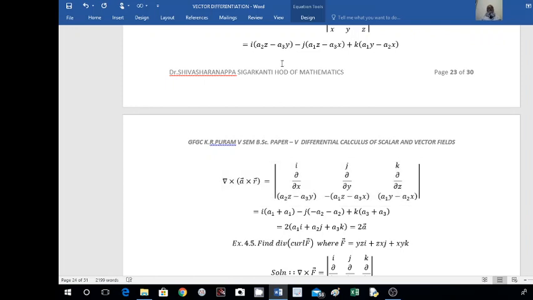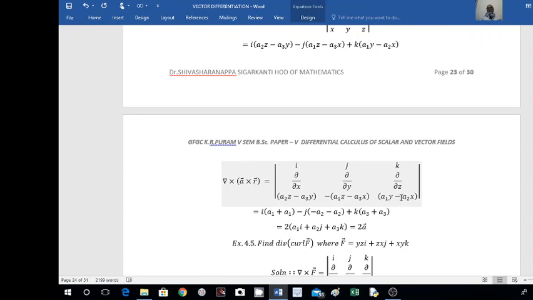That is here A2z minus A3y. Second one is minus of (A1z minus A3x). Third one is A1y minus A2x. Now expand this. i into this into this. ∂/∂y of this: the first term derivative is equal to A1, second term derivative is 0.